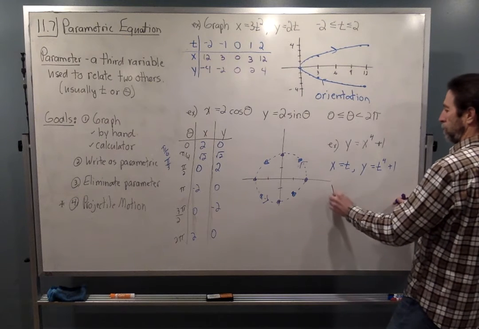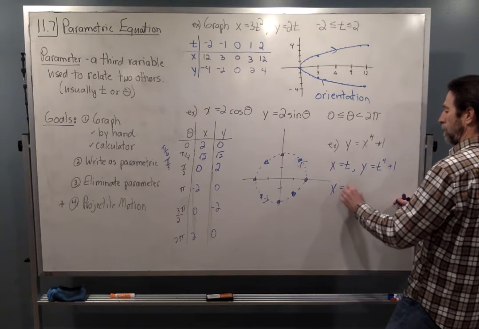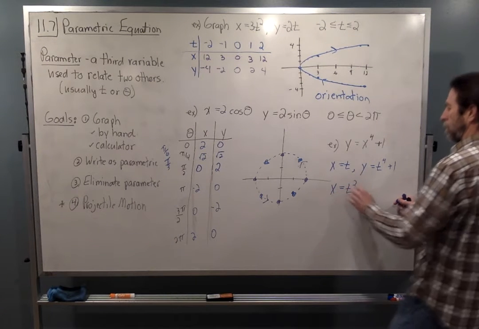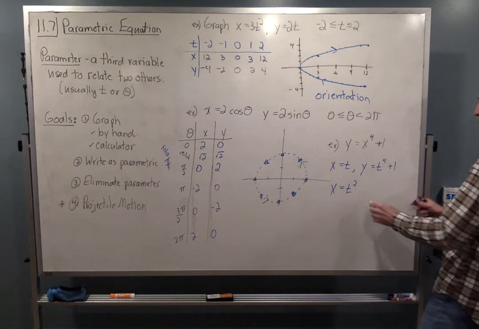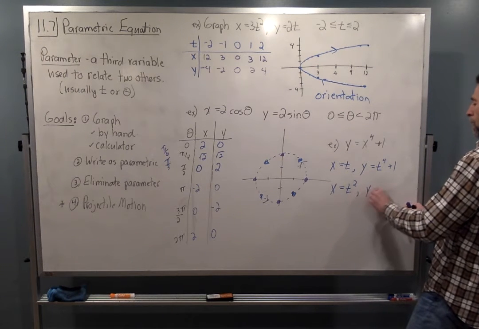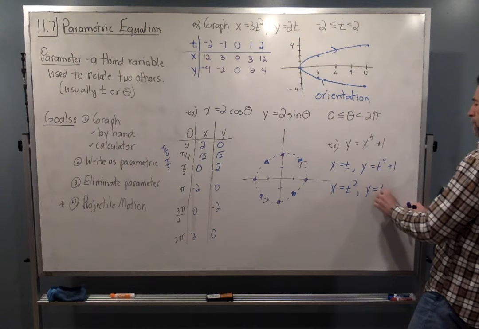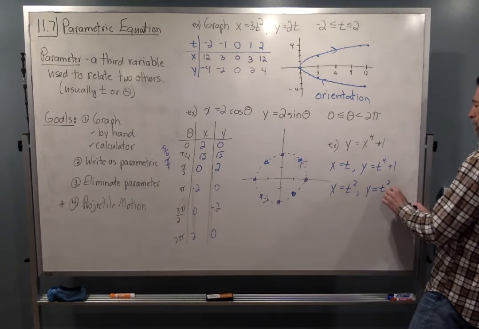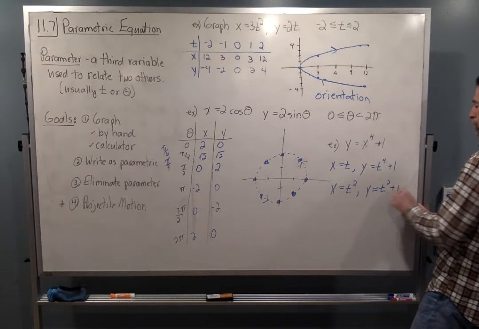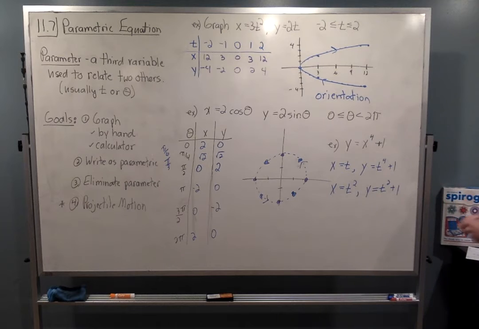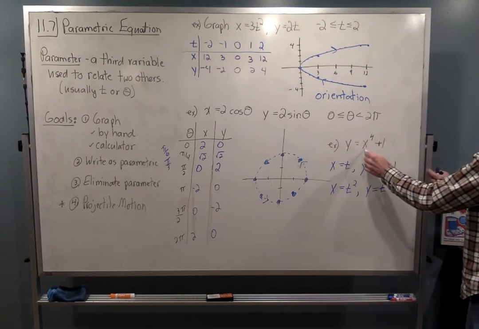Another option would be to let x be t squared. Actually, we would just have to go ahead and figure out what that's going to be.